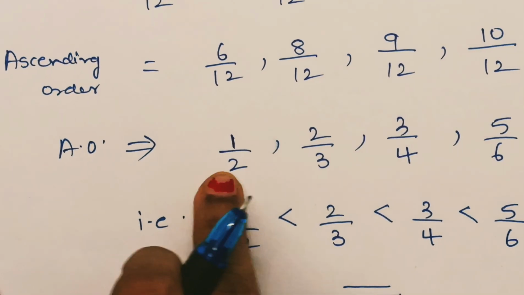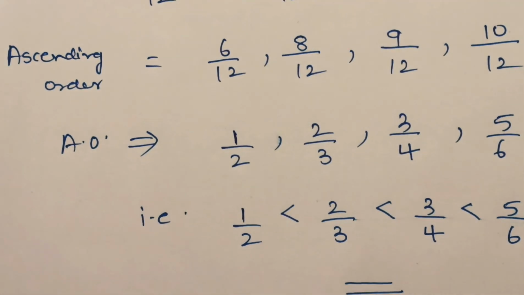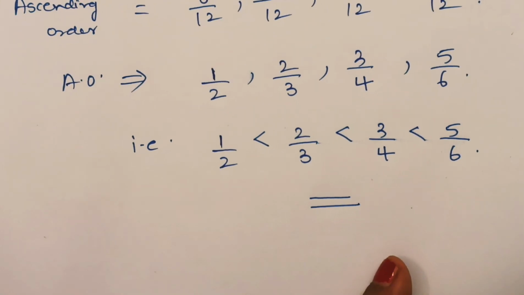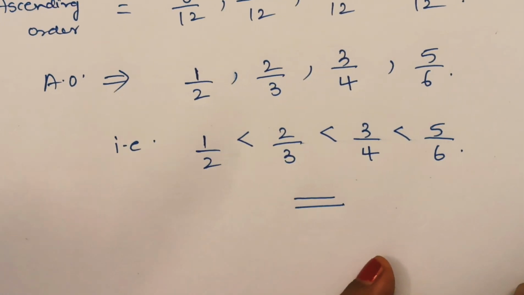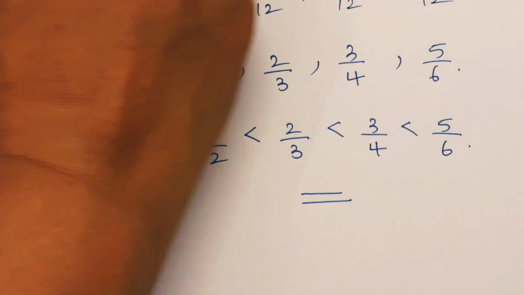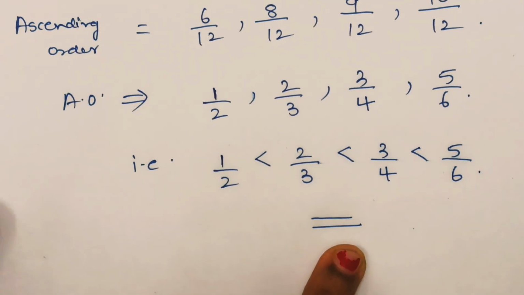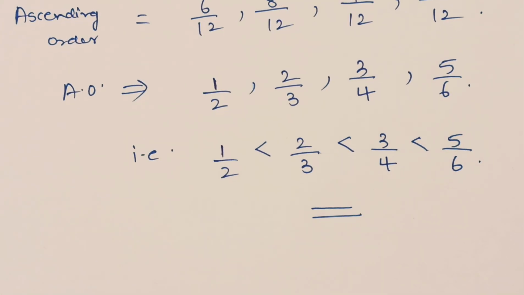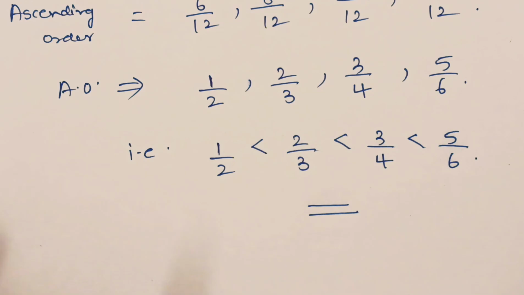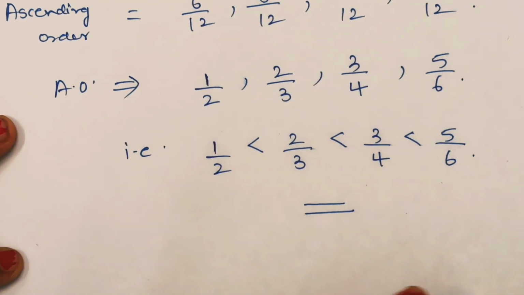Either you can write the answer in this form or this form. Okay, in this way we have learned how to arrange the following fractions in ascending order. Now the last topic we are going to see in this chapter is arrange the following in descending order.